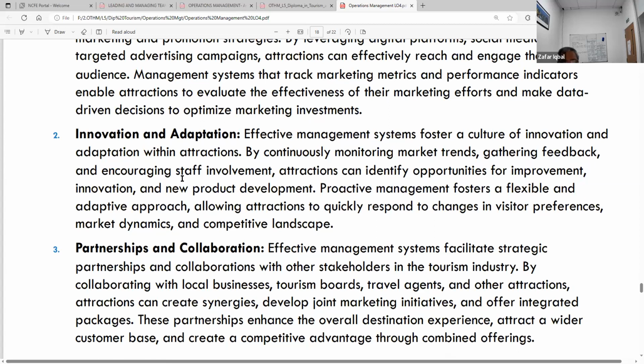For example, how are you going to attract new customers in the place?